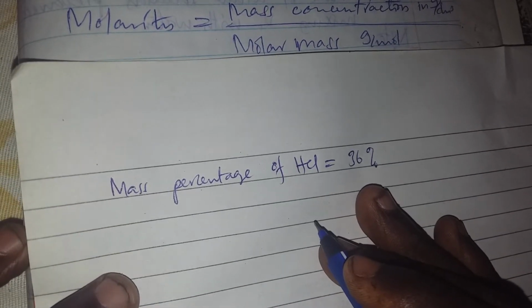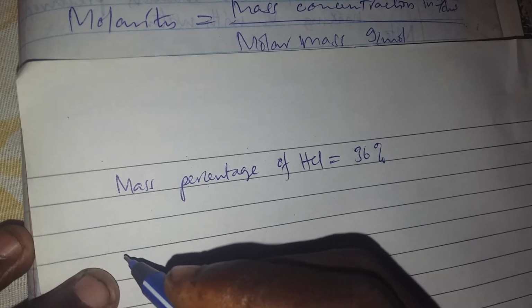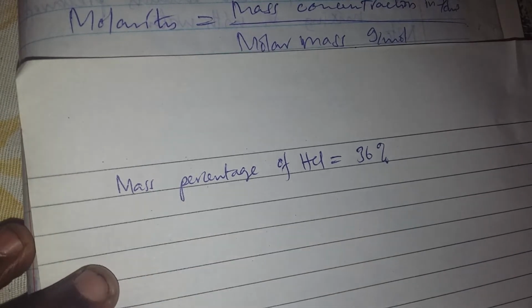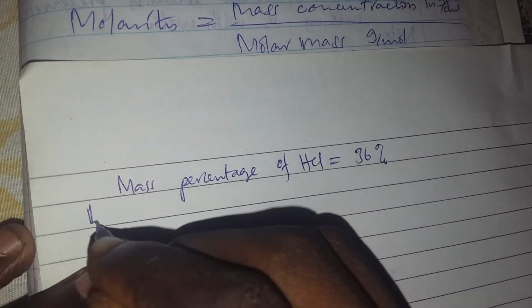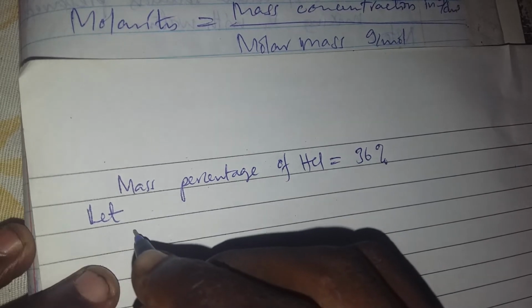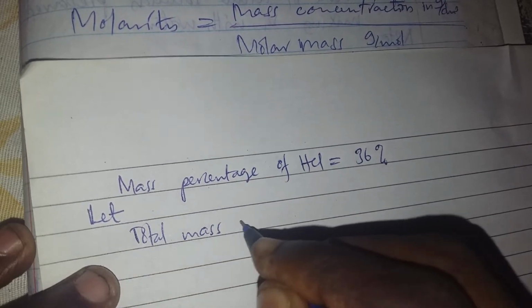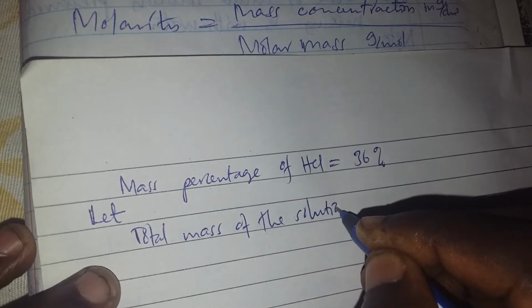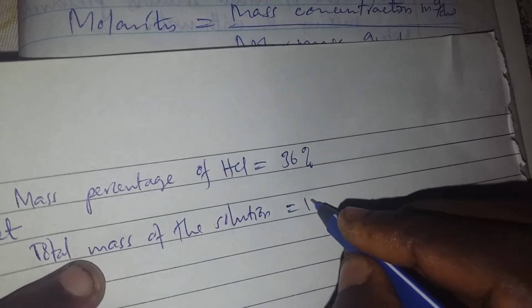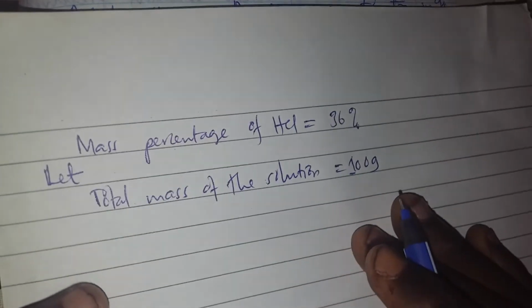So we already know that. Now for this question, because we are only given the mass percent and we don't know the total mass of the solution, we are letting the total mass of the solution to be equal to 100 grams. Total mass of the solution.